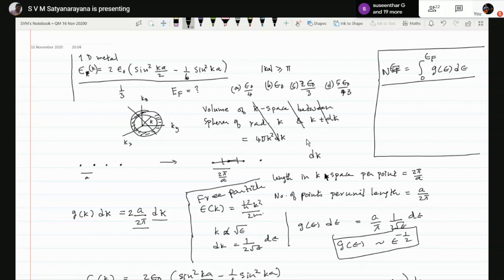We can also try to find out N is equal to integral 0 to kF of g of k dk. And once we know kF, then we can write down this epsilon F as we substitute here k equal to kF.